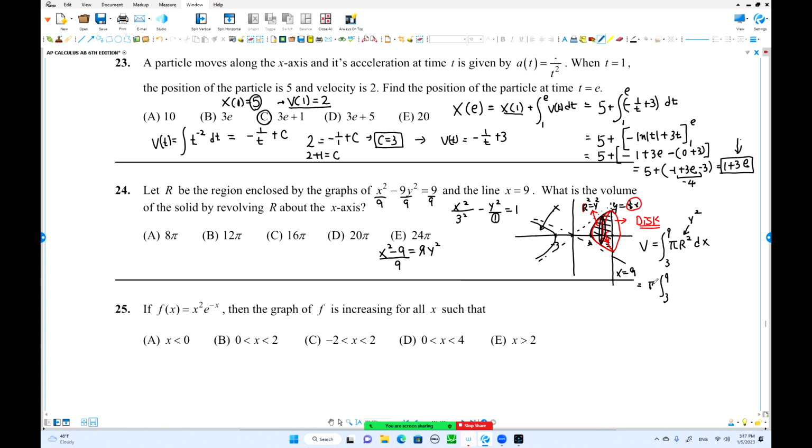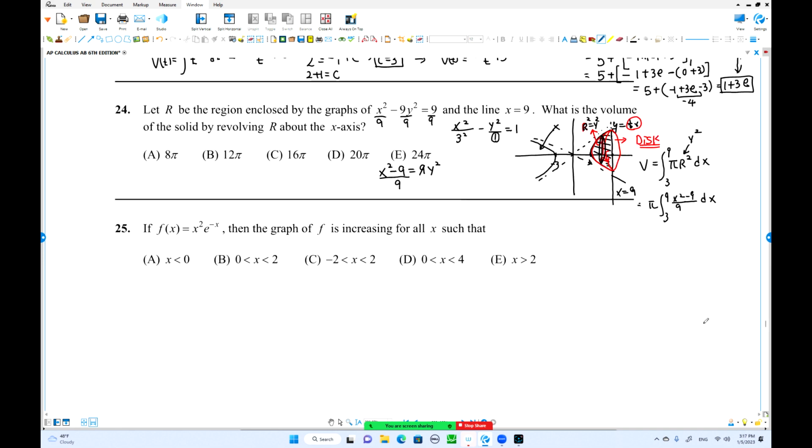That's the easiest way. R squared is what? This one: x squared minus 9 over 9, dx. Okay? Yeah, that is the volume. And 1/9 is moved to the front. That is an easier way, we can move it out. Pi over 9 there.